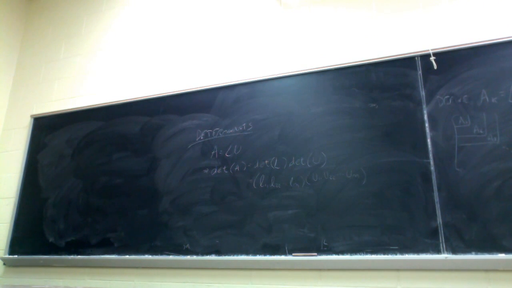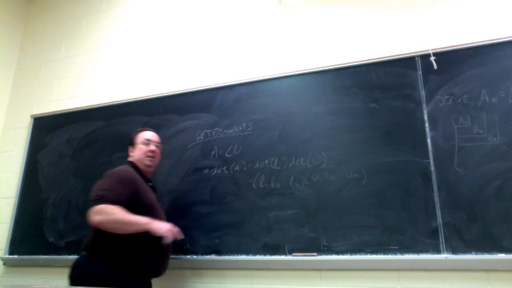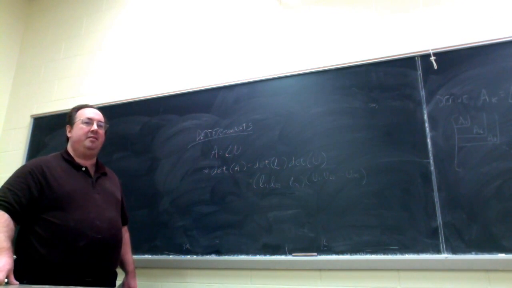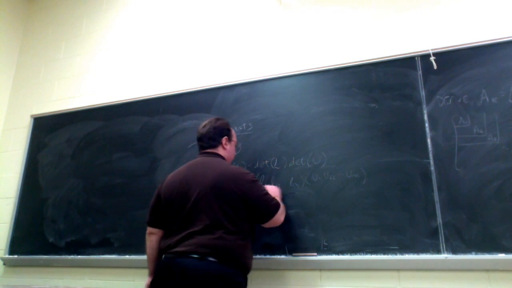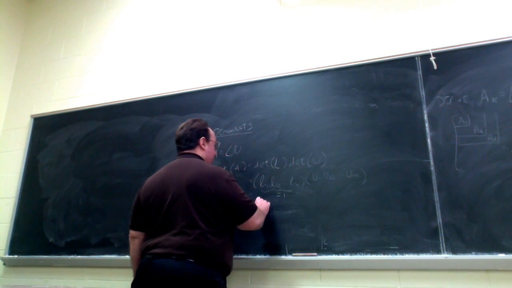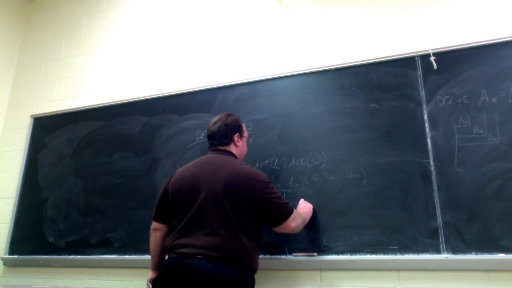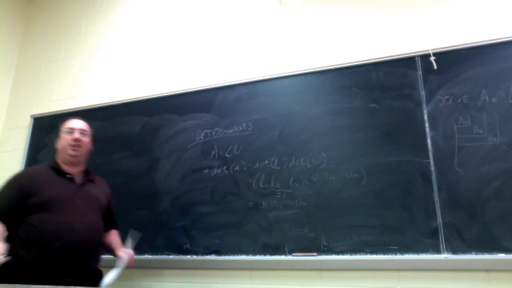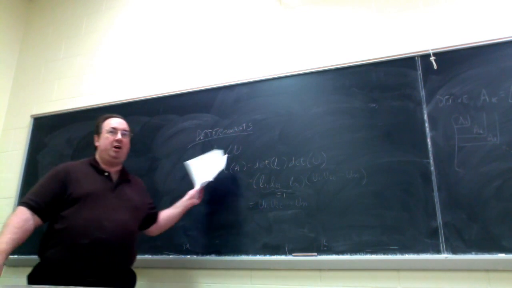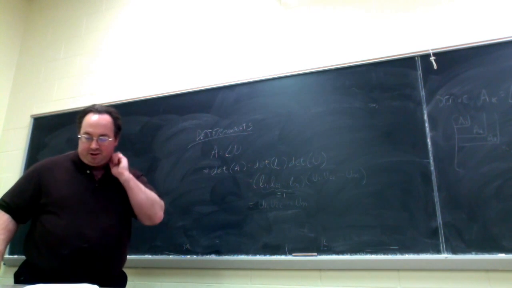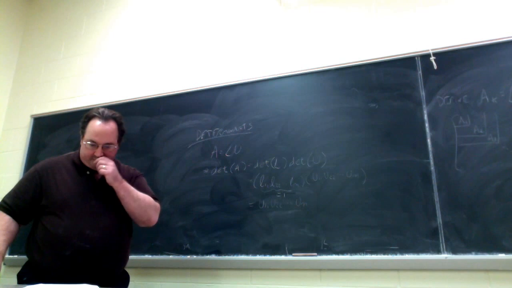But what are these entries for L? They're all 1. So it's just the product of the diagonal entries of U. After you perform Gaussian elimination, you just multiply the diagonal entries in the result, and that's the determinant.